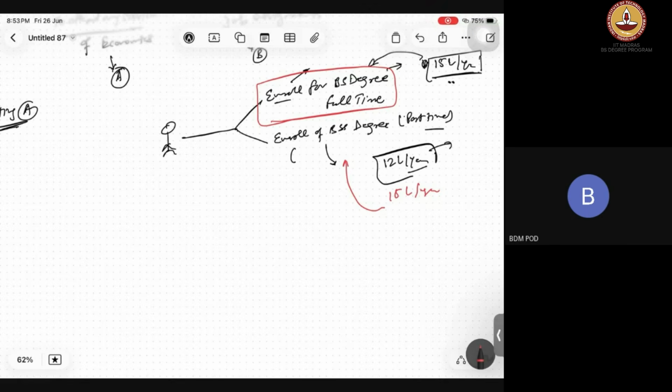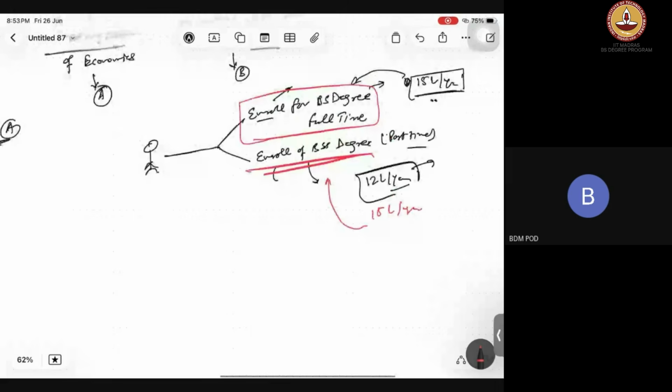If he leaves the study and continues with the job, then whatever fees he has paid till date, right, I'm giving you the concept of sunk cost. Whatever he has given up, whatever is not getting recovered is called a sunk cost. So he has two pathways and he needs to choose one.